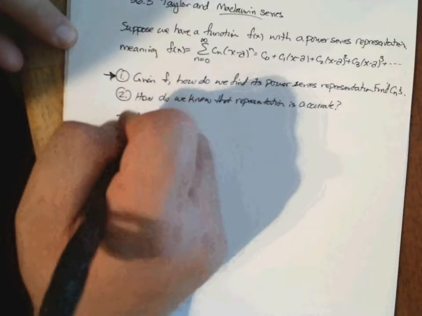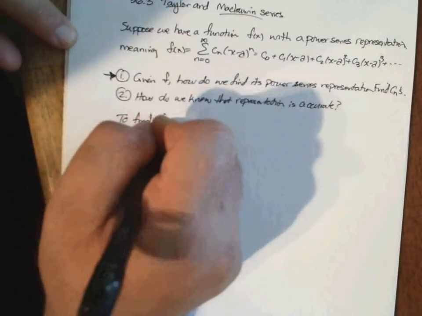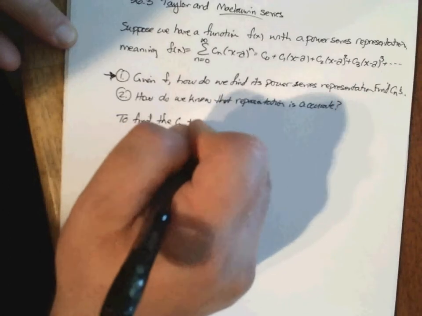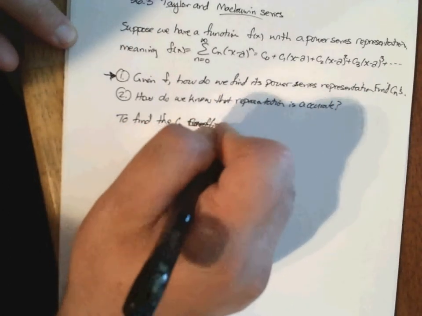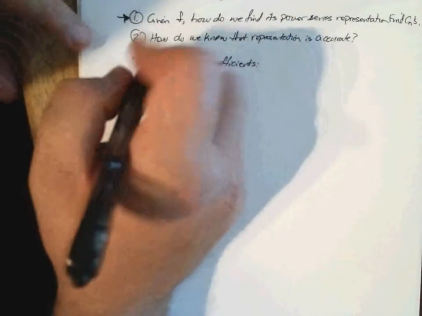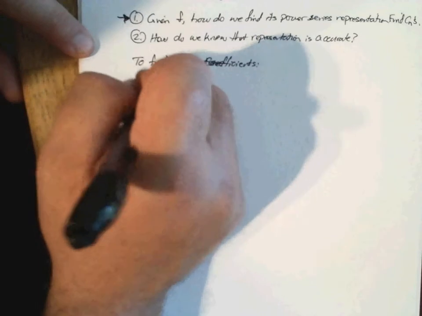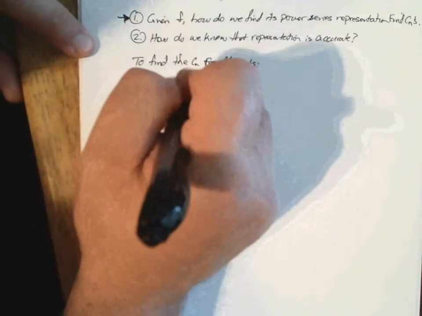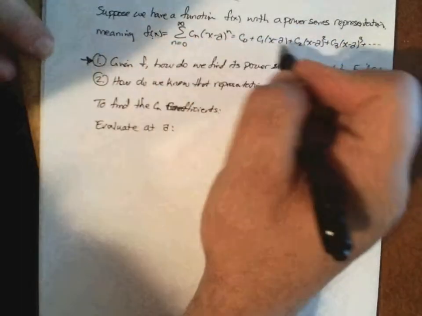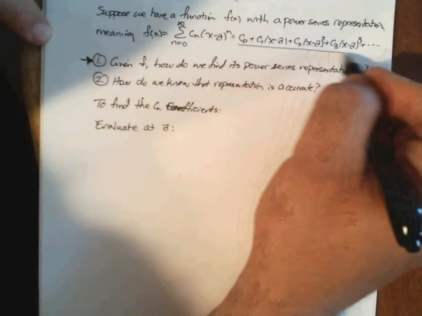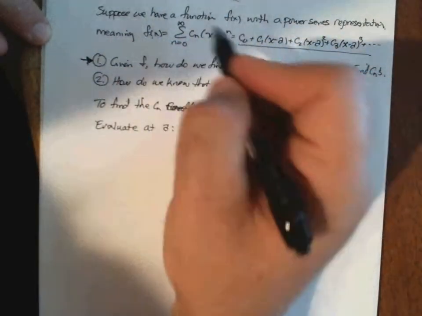Well, to find the c sub n terms, coefficients, I should say, this is what you do. Evaluate at a. In other words, you've got f of x equals this power series representation here. Let's plug in a for x and see what we get.